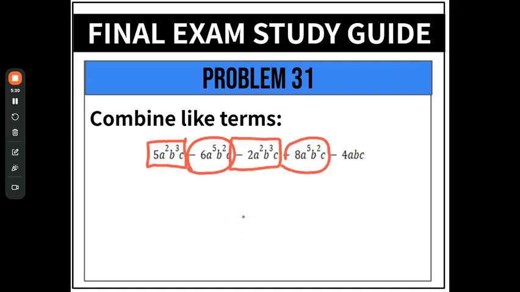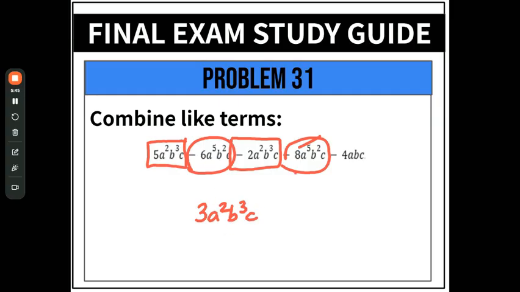So now what I do is I add and subtract their coefficients. Now I can only add and subtract the ones that are like. So here I can only add and subtract the squares. So I've got 5 minus 2 is going to give me 3. And all I do is just tack on the variables at the end, the term.